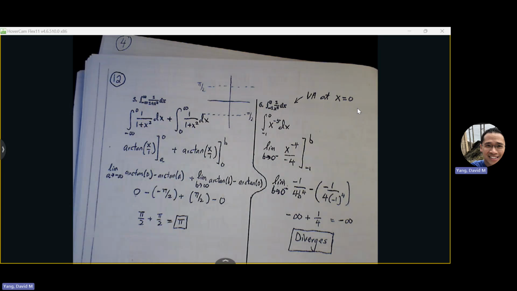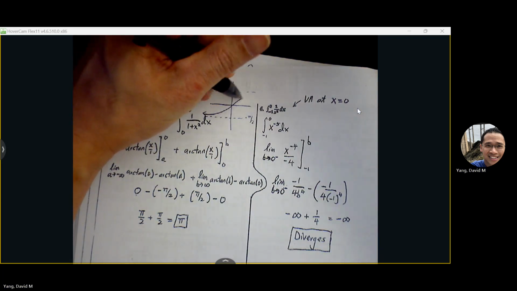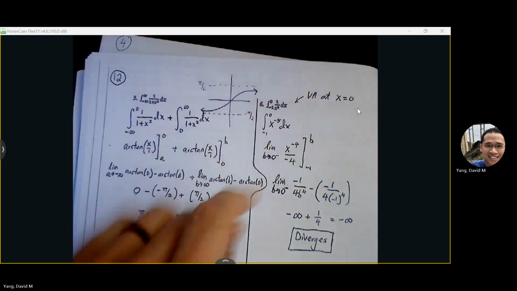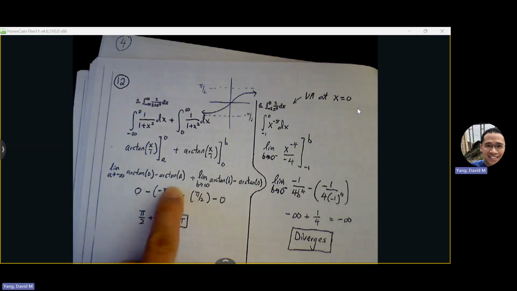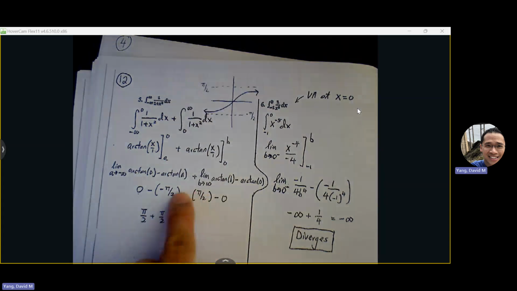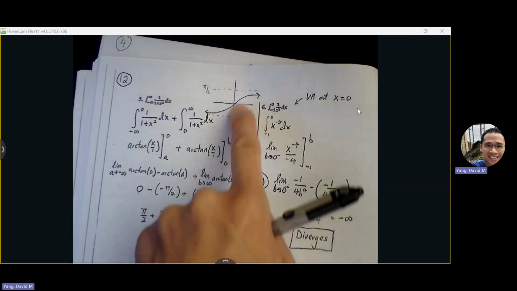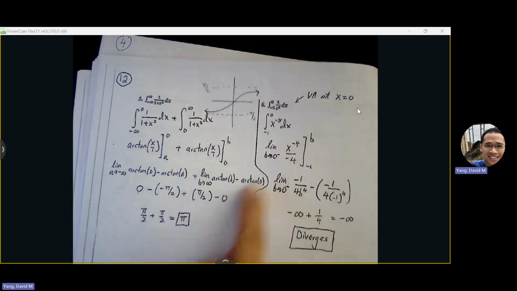Rather than 2 vertical asymptotes at negative pi over 2 and pi over 2, it has 2 horizontal asymptotes at negative pi over 2 and pi over 2. We just have to look at the graph and see what happens. If we're approaching negative infinity, our arctangent is flattening out towards negative pi over 2. As we're headed towards positive infinity, it's headed towards a y value of pi over 2.